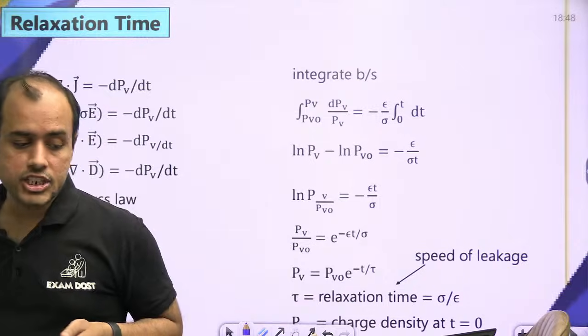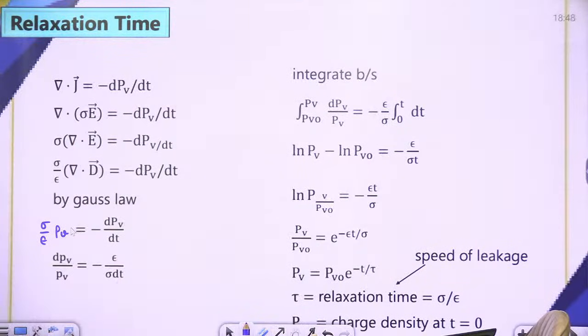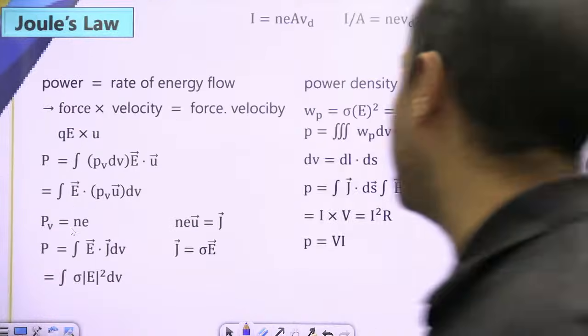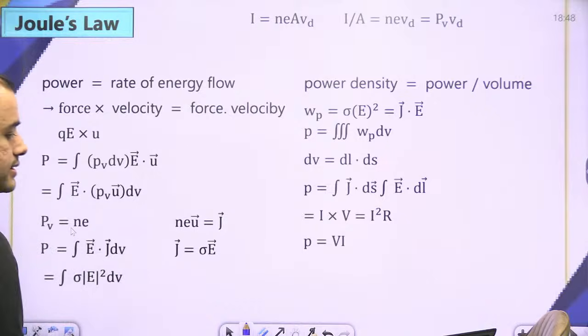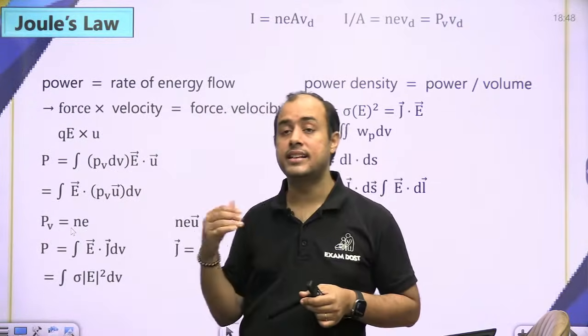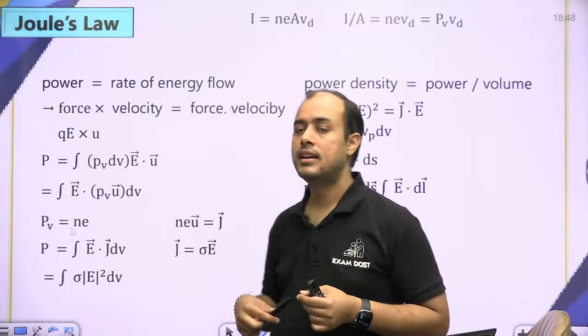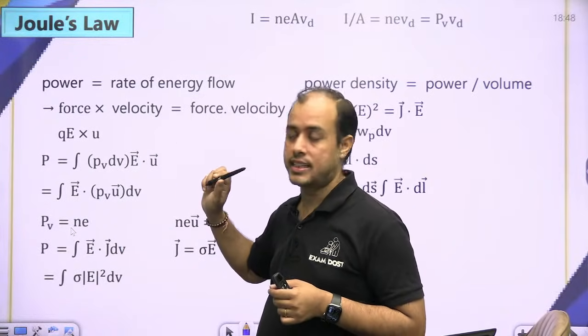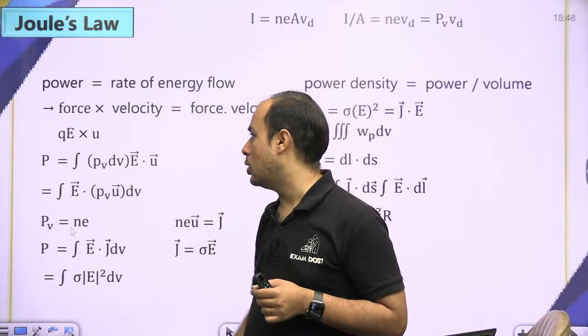If the relaxation time is high, the charge will leak slowly. If relaxation time is low, the charge will leak very, very quickly from a body. Next is Joule's law, beta. Joule's law tells you the power, that is the rate of flow of energy. So it is force into velocity. So QE into velocity.